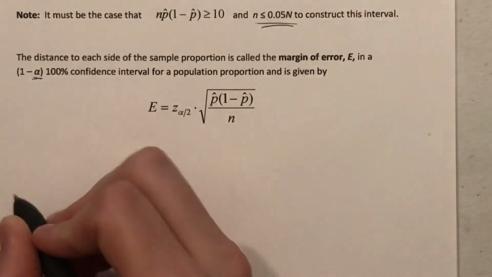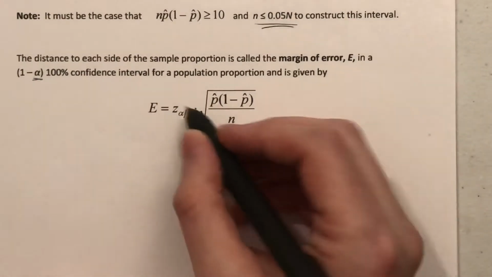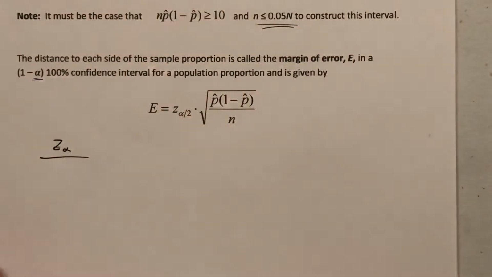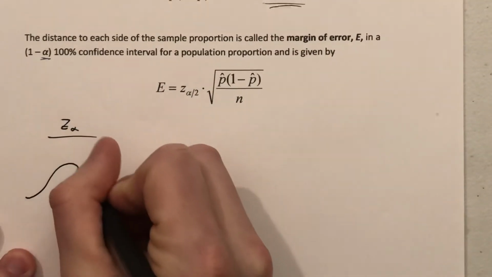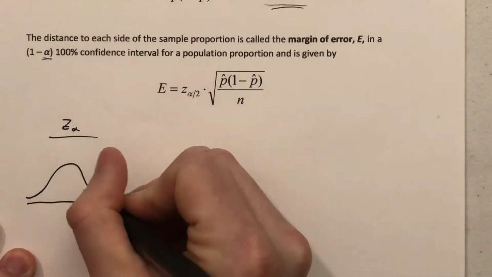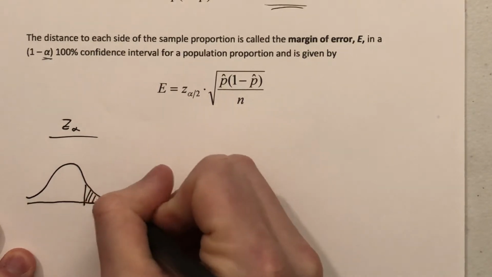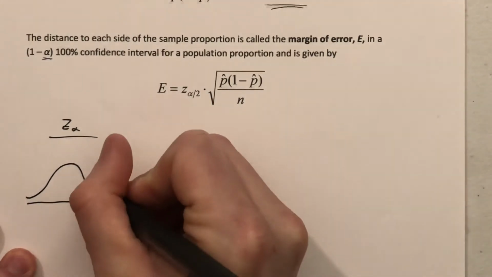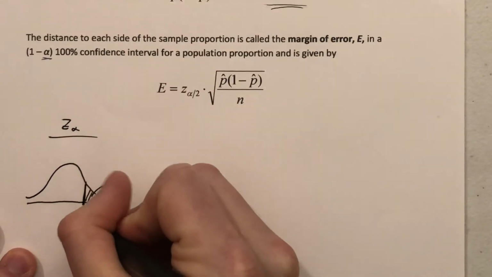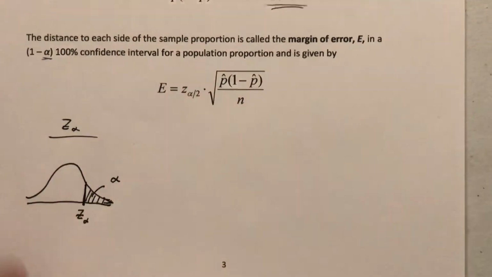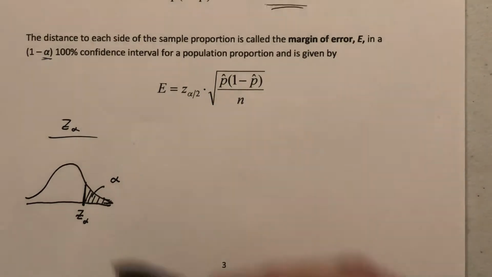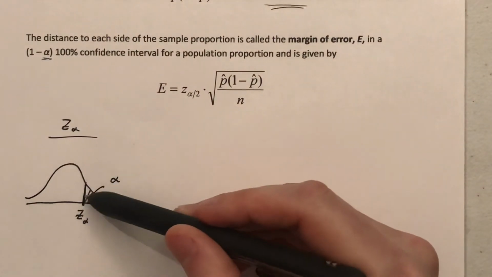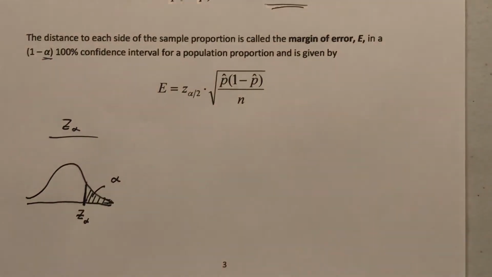Whenever we saw z sub alpha, that was the idea of having a normal curve with some shaded region, think of it as a tail, that had an area of alpha, and the z-score of that boundary is what we called z sub alpha. In other words, the z-score with an area of alpha to its right.